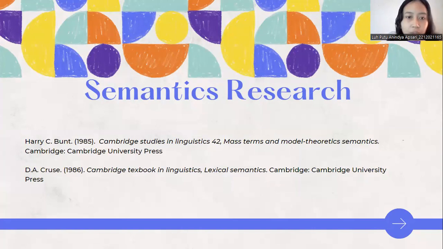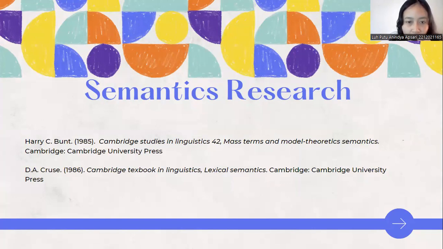Okay, in here we have the semantics research that has been made, which is Mass Terms and Model-Theoretic Semantics by Harry C. Bunt, 1985, Cambridge University.